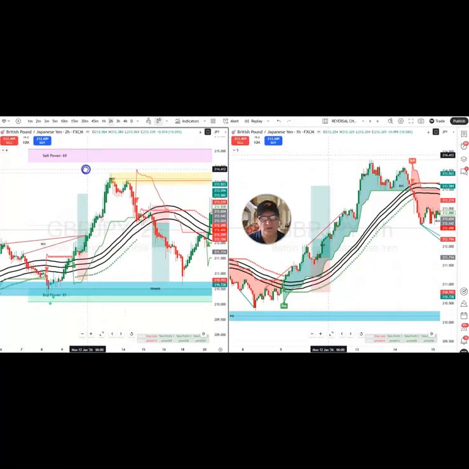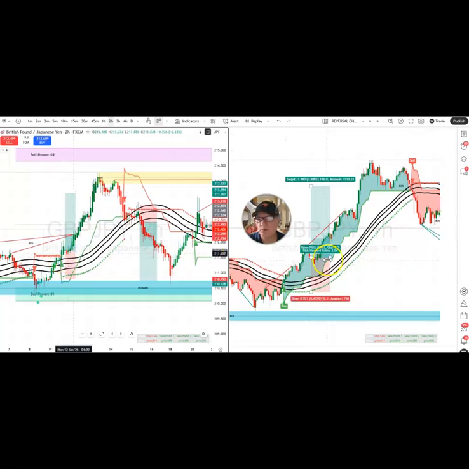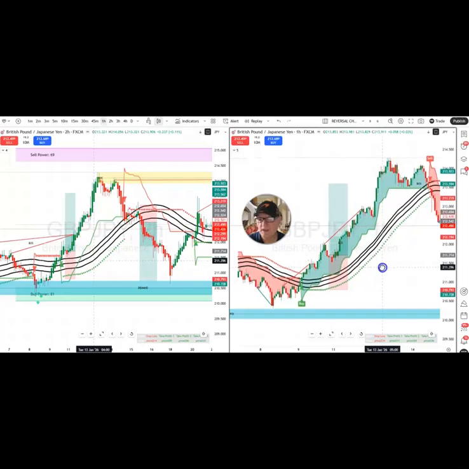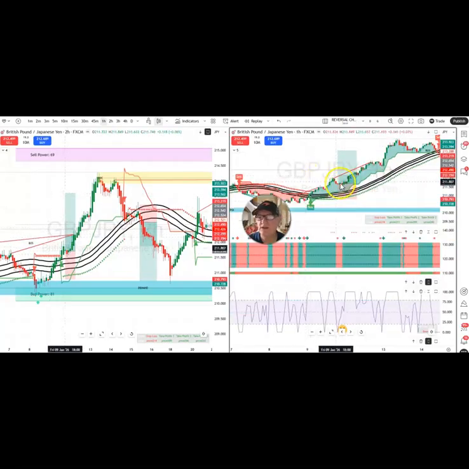Okay, so once we have the break, once we have the buy signal on the left, we want to see that the 1 hour chart agrees with that situation. Now at the point of entry, what I'm looking for is a buying opportunity. I can use these tools to confirm that it's all green and all buyers are in.